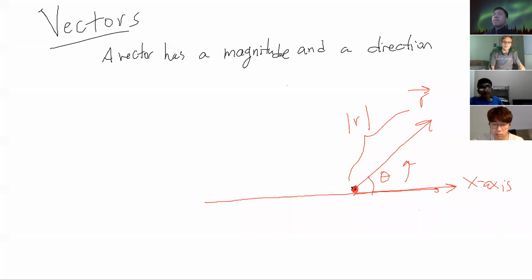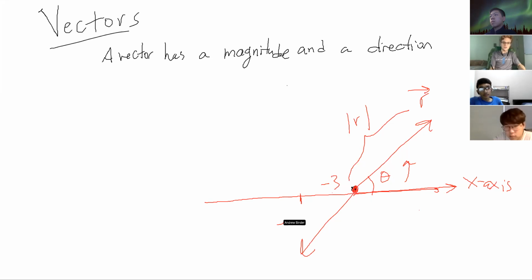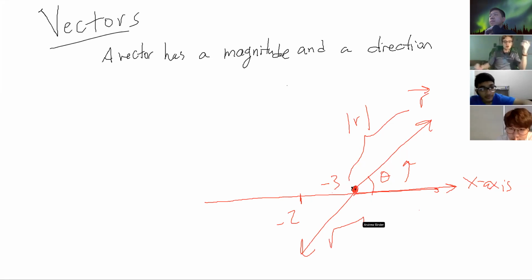Because if I draw a different vector in this direction, that's technically negative, like -3, for example, and this is -2, the length of that is still positive, which is why when we say square root of this plus this squared plus this squared, this refers to a positive value.